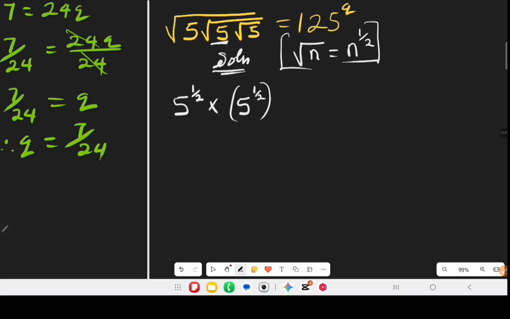Into this root of 5, the second one is inside the bigger root of 5, which is another 1 over 2 raised to the power of 1 over 2, times, we consider the third one.